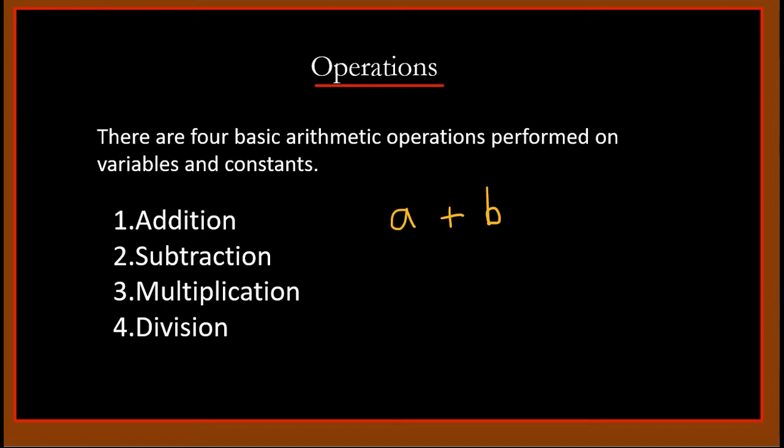Subtraction is the difference between a and b. Multiplication of two numbers is adding variable a, b times. So we write a times b, and division is distributing a into b groups.